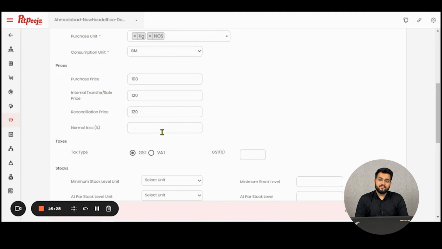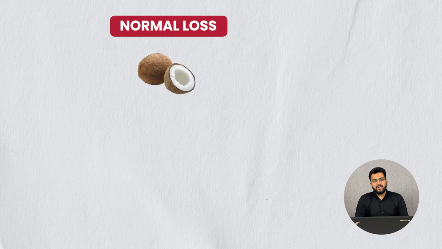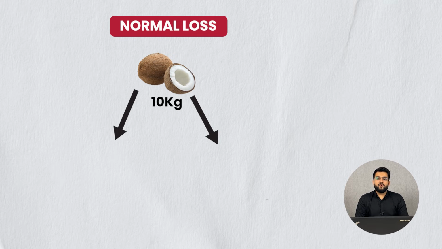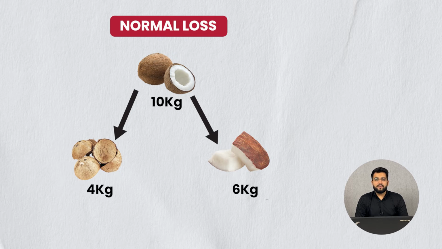So the system will need to know how much coconut you will be using after you purchase the coconut. For an example, let us assume that we purchased 10 kilograms of coconut and the approximate weight of the shells of those coconut is 4 kilograms. So we will be putting here the normal loss percentage as 40.